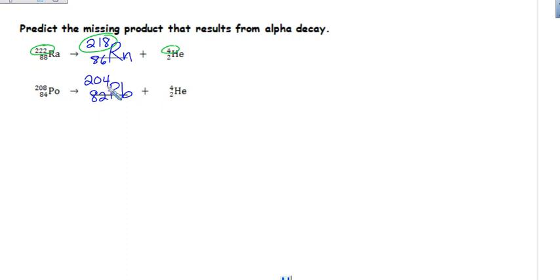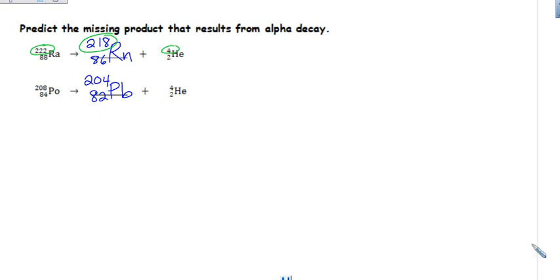One particular isotope of lead. And again, it might not be the most stable, I get it. On the periodic table, lead's mass is a little bit higher than 207. So if this lead atom is not stable, we could undergo successive alpha decays until I do hit something that's stable. So there's a good example of how to fill in these nuclear reactions from alpha decay.